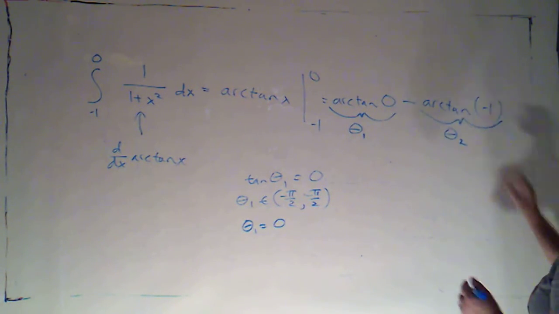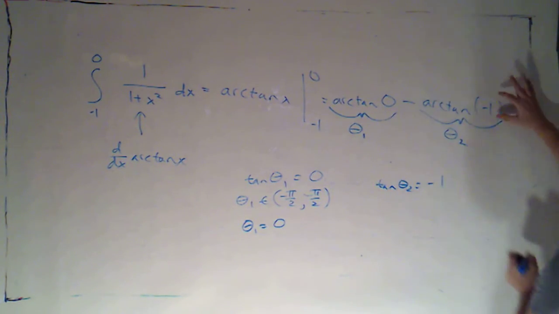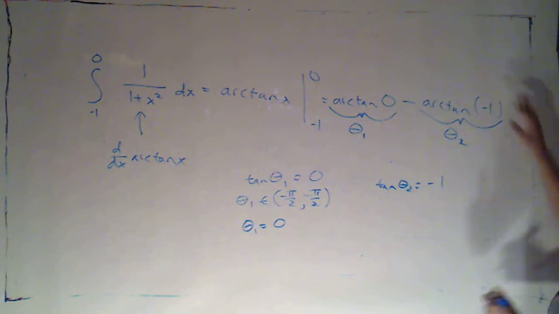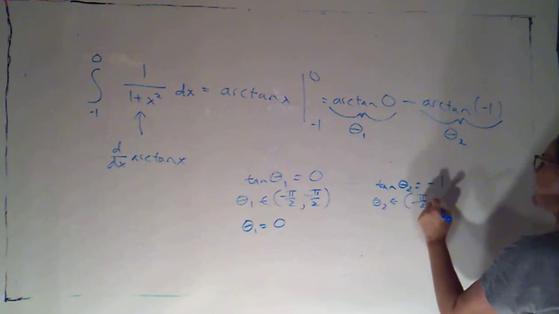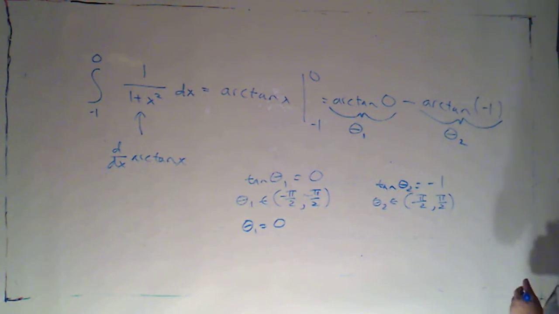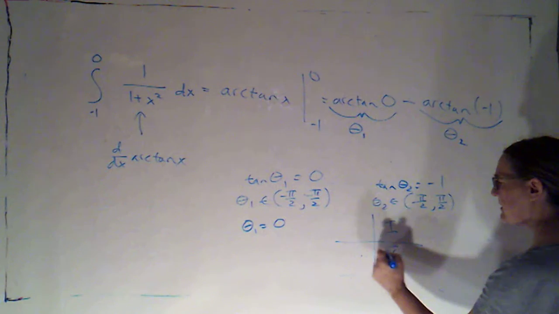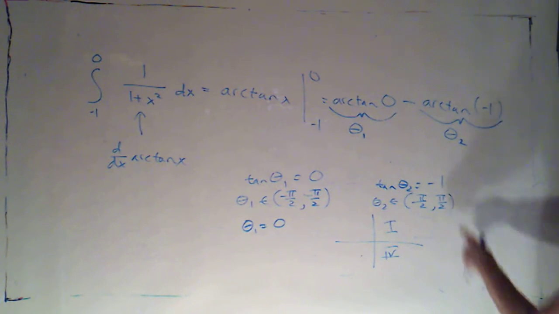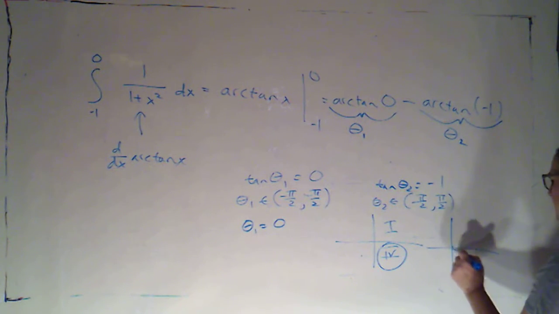Let's work out this one. Tangent of theta 2 has to be negative 1. And theta 2 has to be in the interval from negative pi over 2 to pi over 2. Now that interval corresponds to quadrants 1 and 4. If tangent is negative, I know I'm talking about quadrant 4.